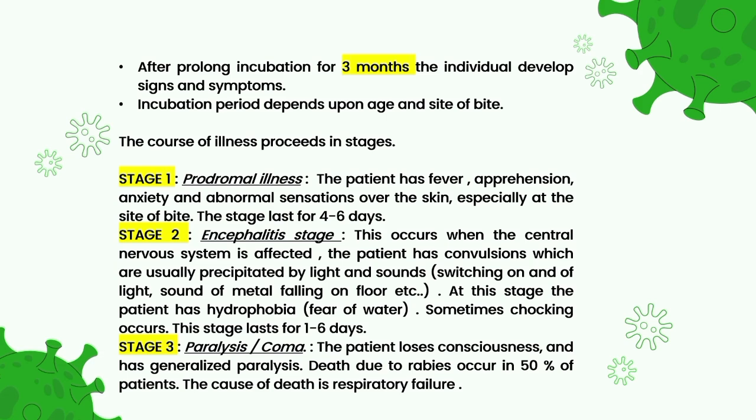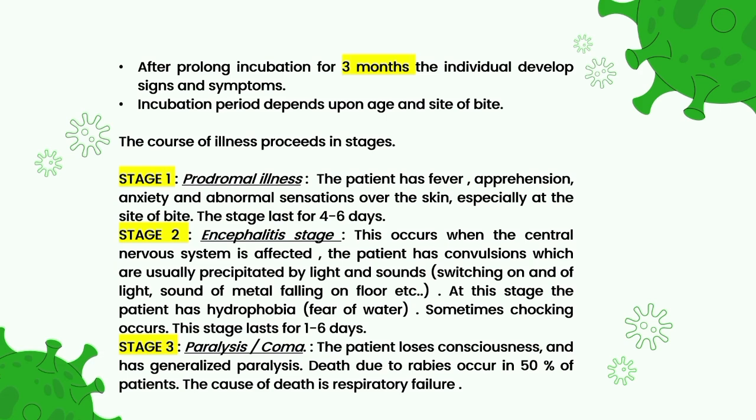They are very hypersensitive even to light and sound, and even small stimuli like switching a light on and off or the sound of metal falling on the floor can trigger their spasms. They also have hydrophobia, that is fear of water. The patient with rabies is afraid to drink water, and attempting to drink water causes painful throat spasms, and sometimes choking attacks occur. This stage is due to the inflammation of the brain, that is the encephalitis.